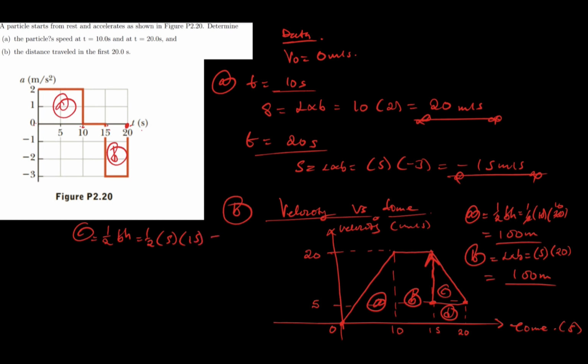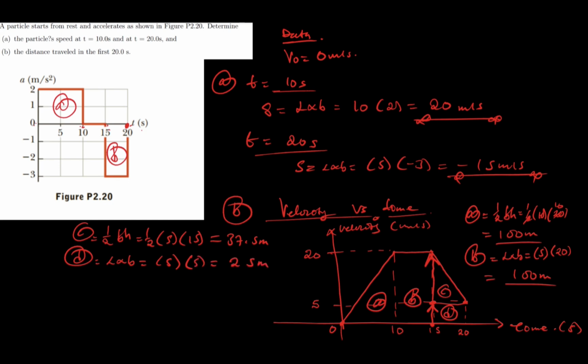And if you compute this, it basically has to give you 37.5 meters. Then D, the small shape here, you have length times breadth, which gives you the difference of 5, and the height from this point to that point, which is also 5, basically giving you 25 meters.